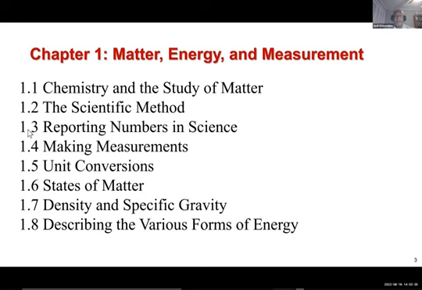As far as energy is concerned, in the last section, 1.8, we're going to look into various forms of energy associated with matter: potential energy due to the placement of objects, and, due to the movement of matter, kinetic energy. So we're going to look into the details of this.